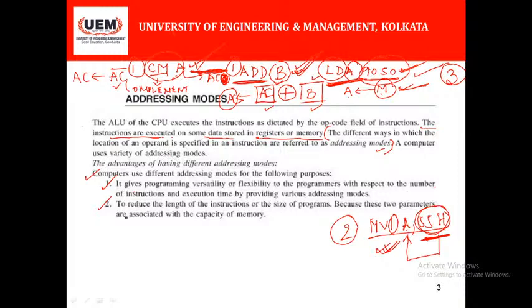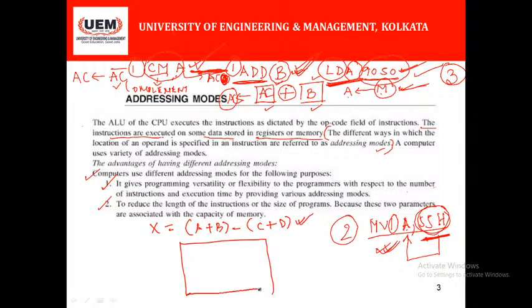Suppose, as I told you earlier, X is equal to A plus B minus C plus D. If we want to express this expression using 3 address instructions, then what happens? We can write this program with the help of 3 sentences.